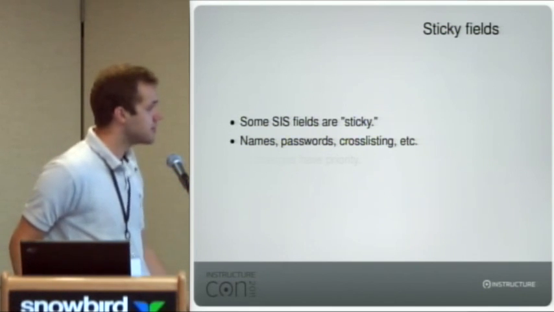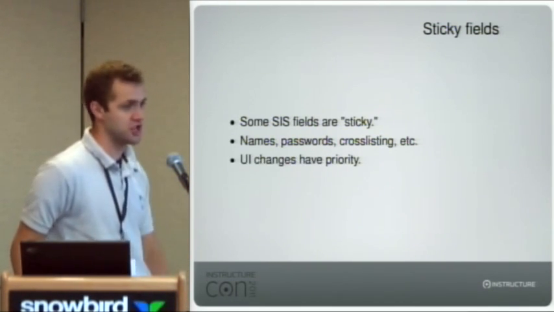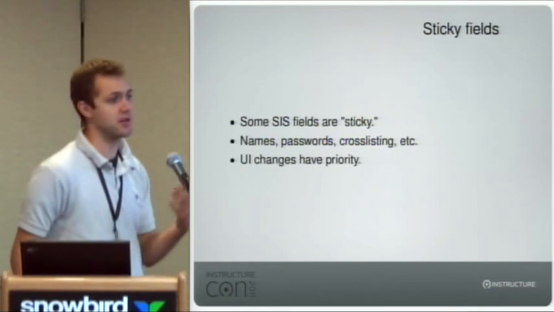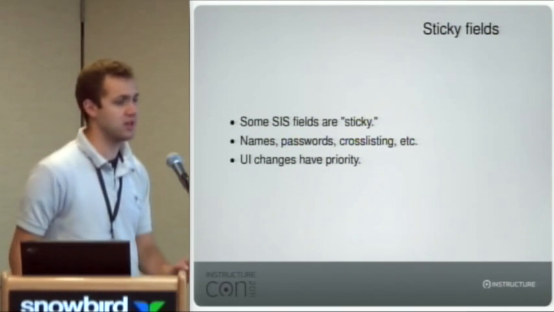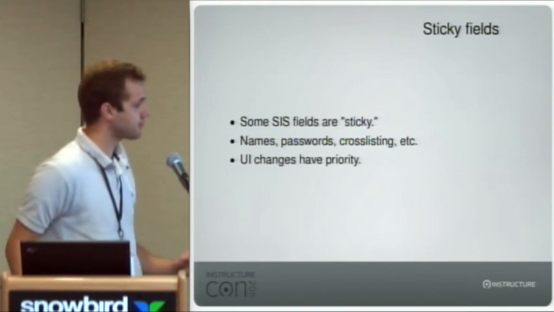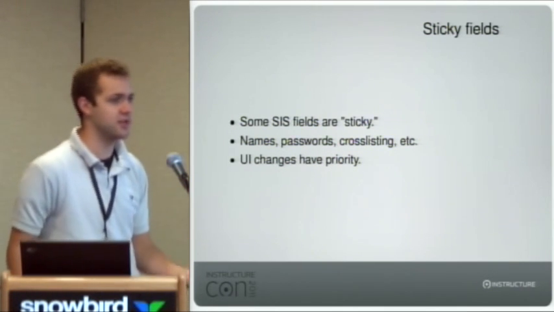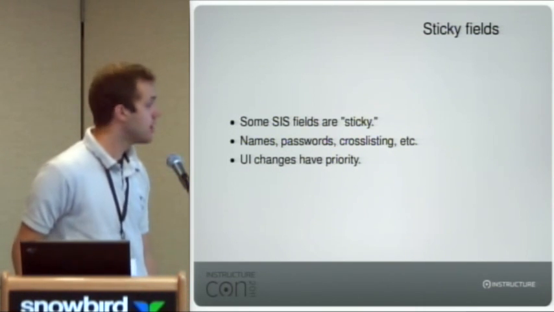So names, passwords, cross-listing, and we're trying to give UI changes priority. If you change something in the UI, then the student information system often won't be able to override that. We need to improve the clarity about when the student information system can override that, and resetting those fields. But for the most part, UI changes have priority.